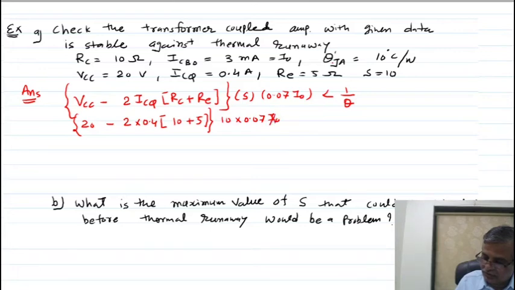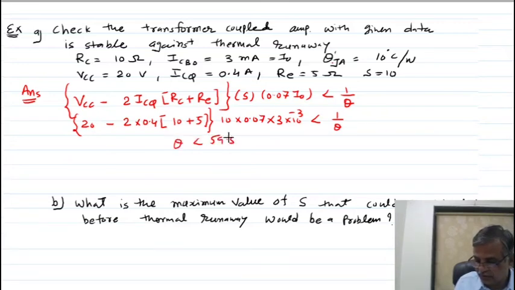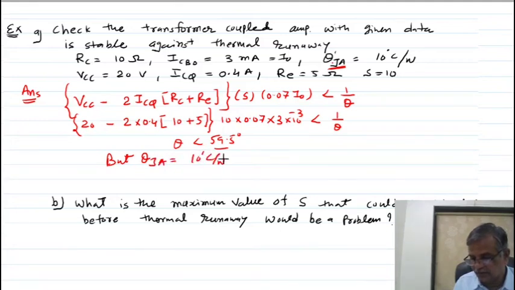I0 is nothing but 3 milliampere, should be less than 1 upon theta. From this you can find theta should be less than 59.5 degree. Means this value should be less than this. So the condition is satisfied. But theta JA is 10 degrees centigrade per watt.